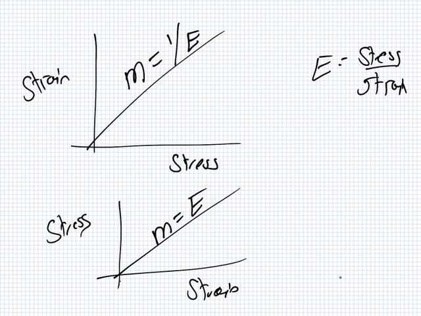I want a nice little word like stretchy, but not too fancy, not too simple. Something in between. Okay. All I can say is the bigger the E, the harder it is to pull.